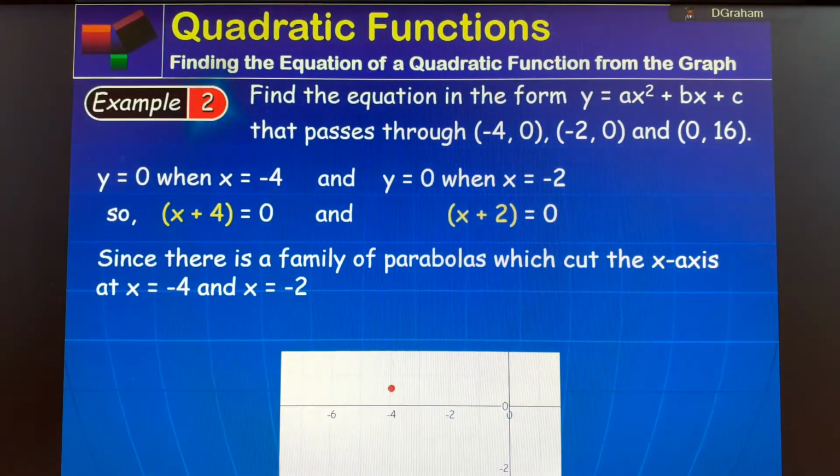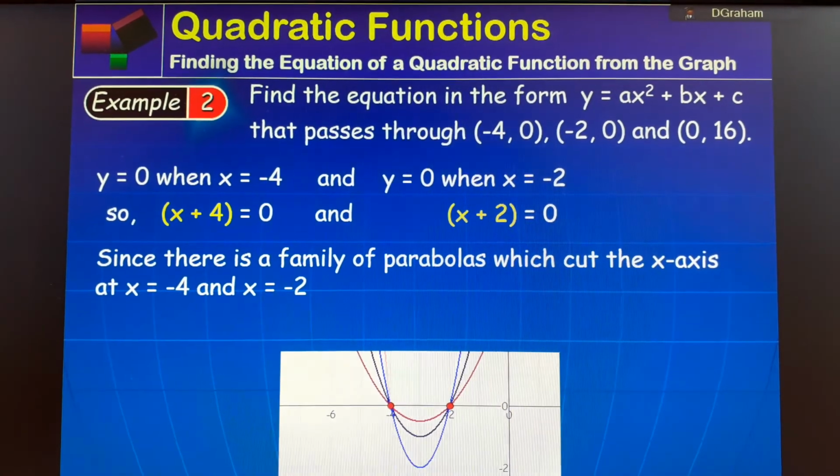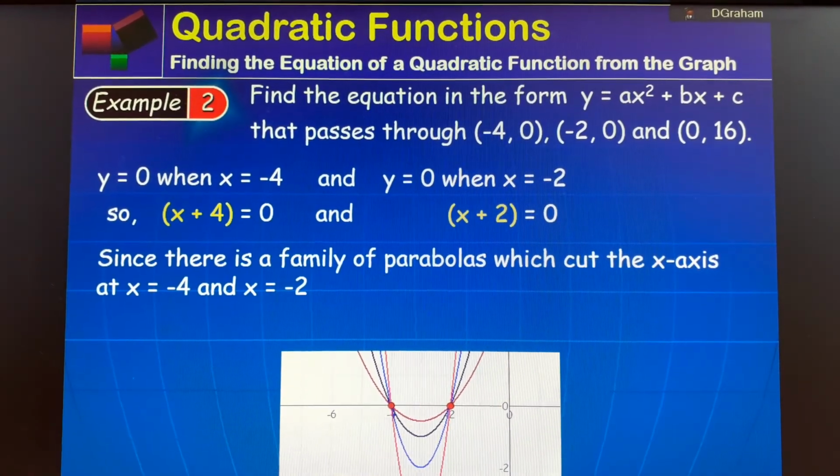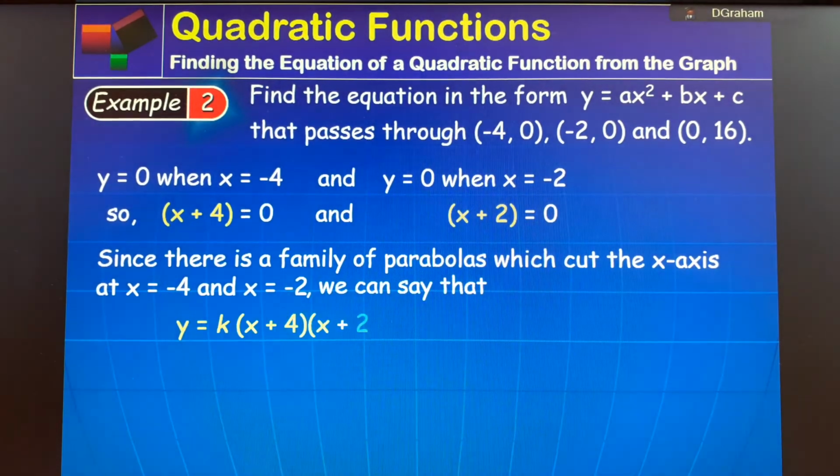Now there are a variety of parabolas that could cut the x-axis at these two coordinates, as you can see here in the diagram. So we have to take that into consideration.